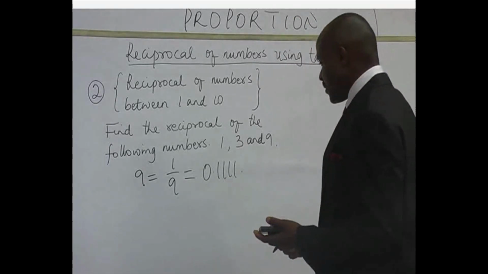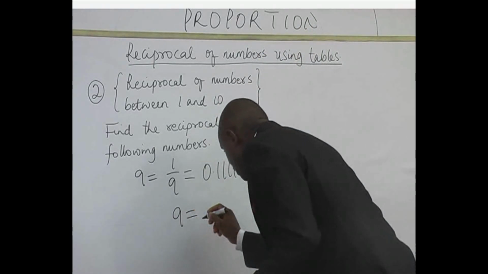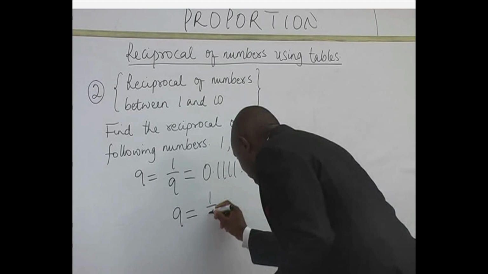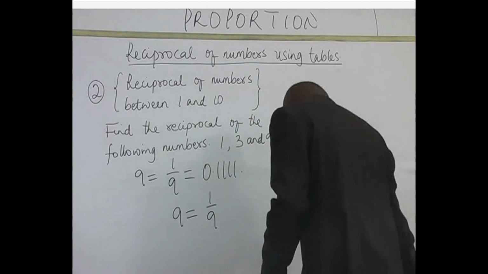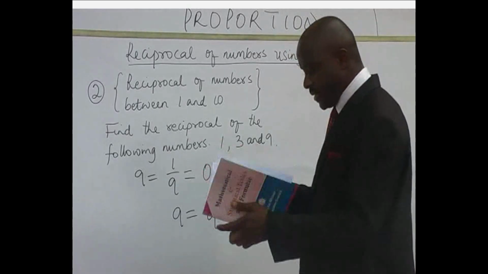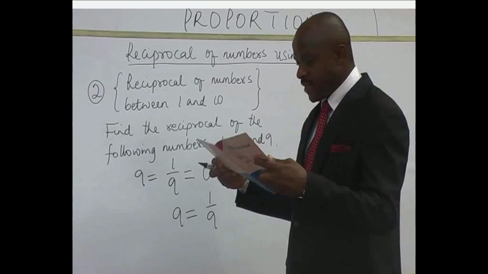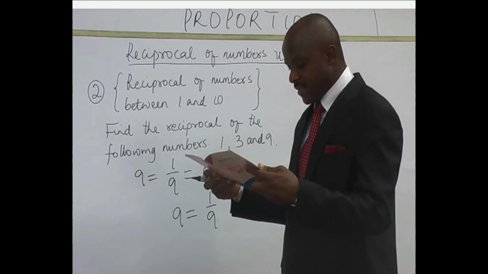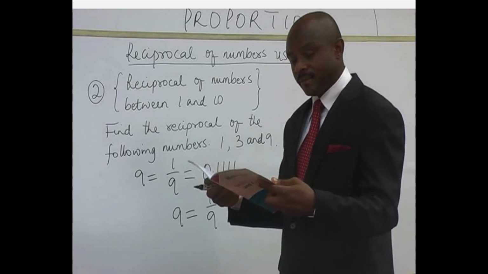Now with your tables, you have 9. Reciprocal means 1 all over 9. So go to your 4-figure table, the same page. Read 90 under 0. You are going to see 90 under 0 on page 7.